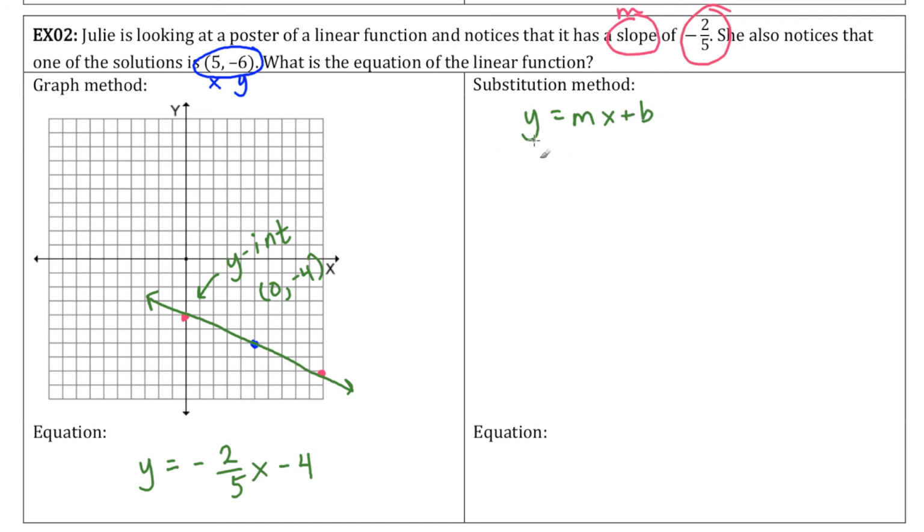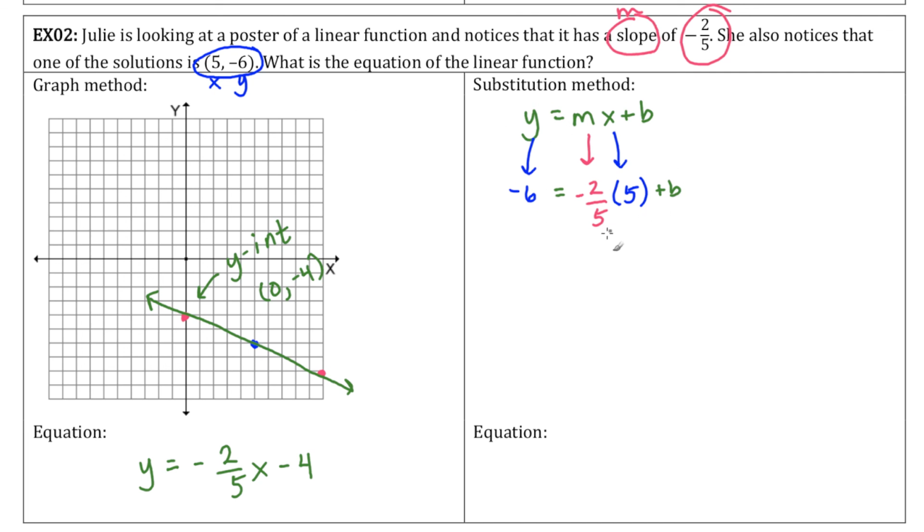Remember that the y is -6, the x is 5, and the slope was -2 over 5. Then I'll put the plus b here.